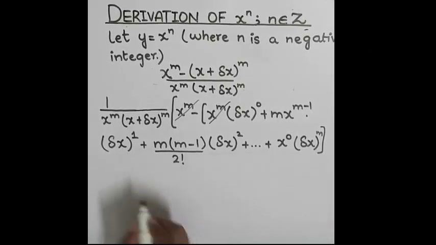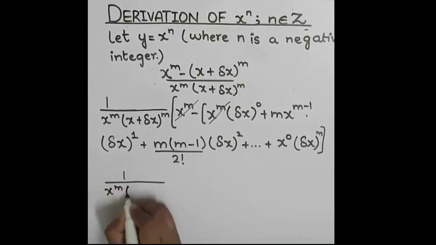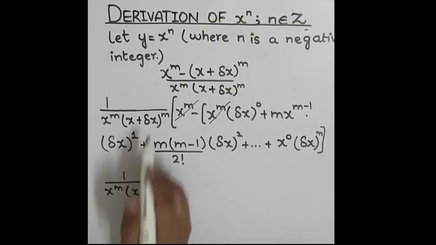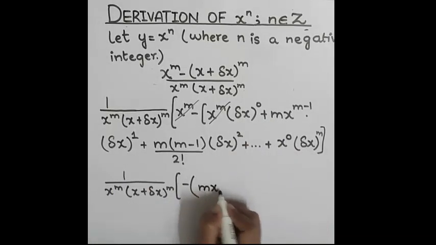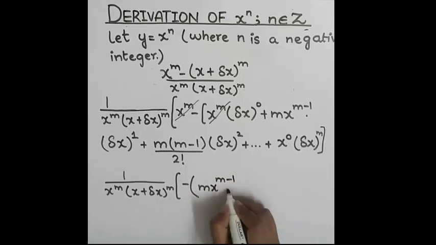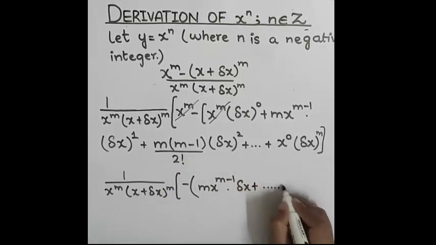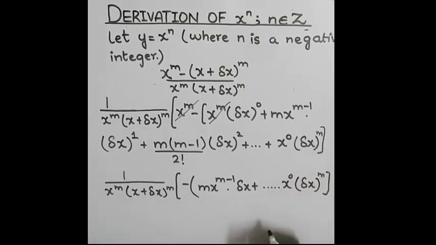So next we have 1 over x^m (x plus delta x) whole power m into, this is minus, and we write all these terms: m x^(m minus 1) into delta x, and so on, up to x raised to power 0 delta x raised to power m.